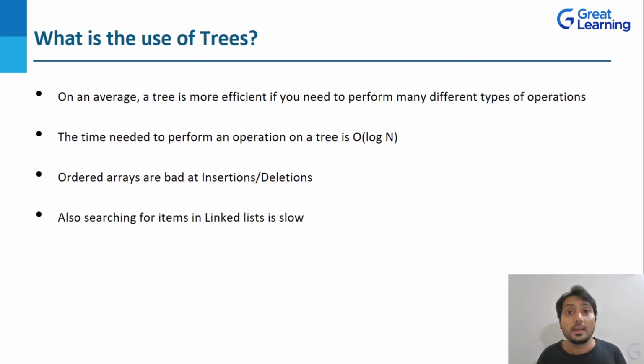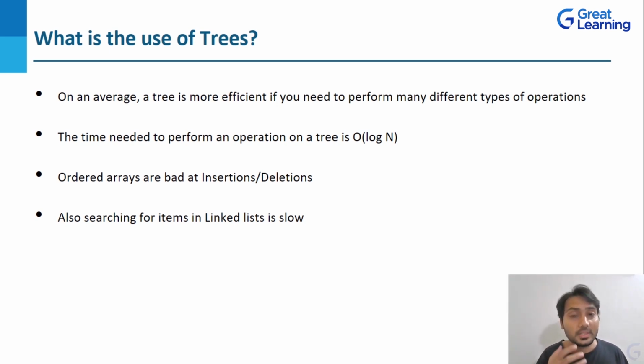So a tree is a non-linear data structure where we are not storing the values or the contents in a sequential format. So we have a hierarchical kind of format to store the values, which can help us solve different kinds of problems which require the data to be stored in that particular format.